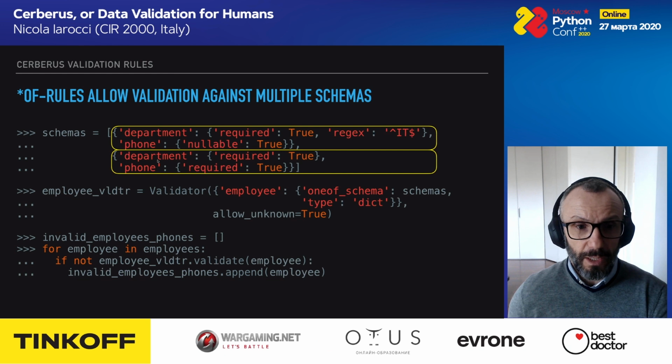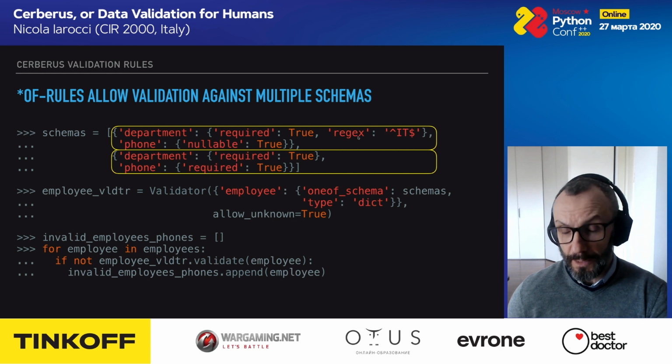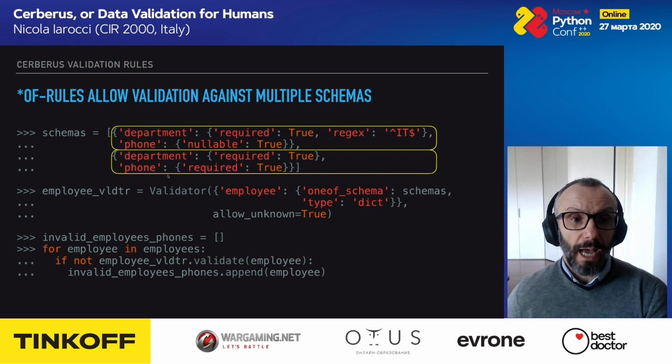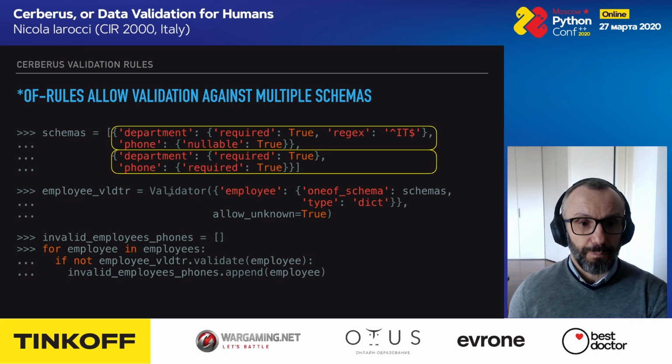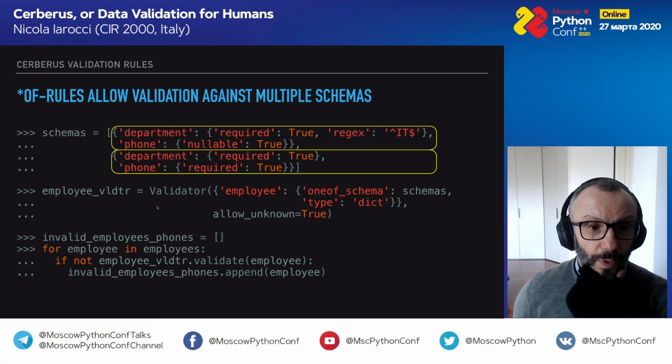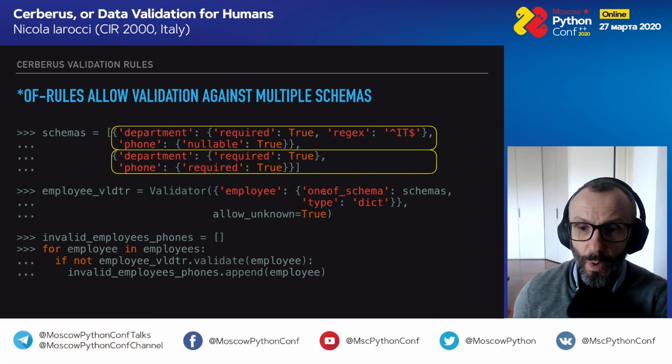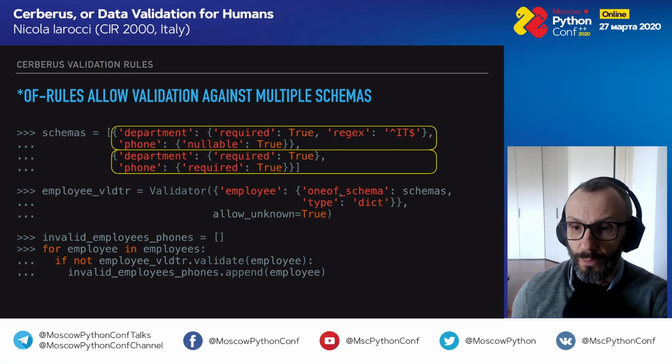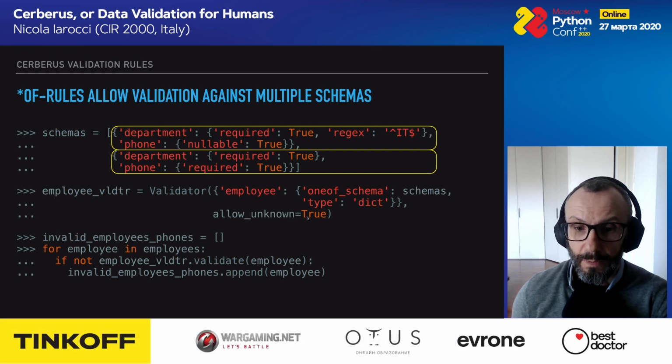In the second case, we still have the department field, which is required, but does not have any regular expression, sorry, and the phone is required. And here we are building a validator where one of the schemas must be valid. And the type, of course, of this field is still a dictionary. And we also allow unknown.